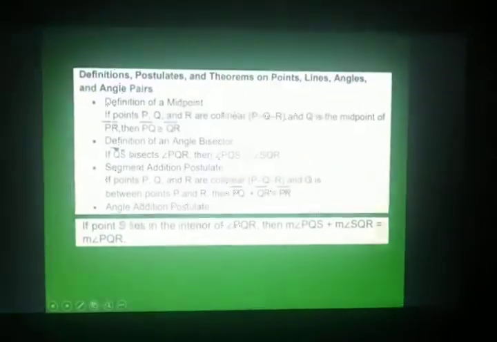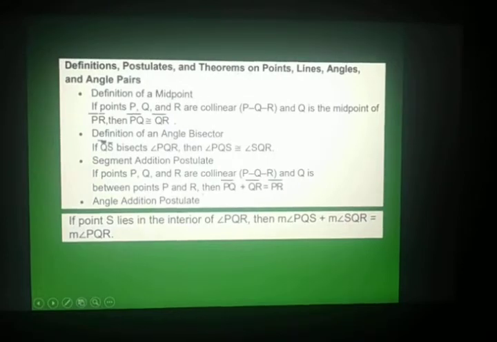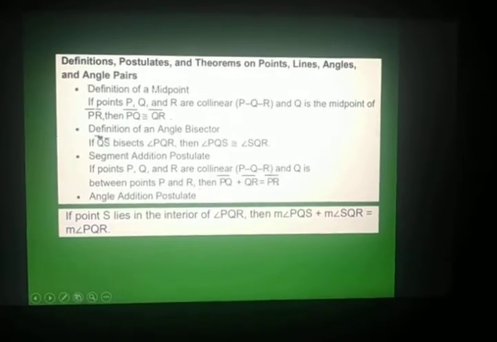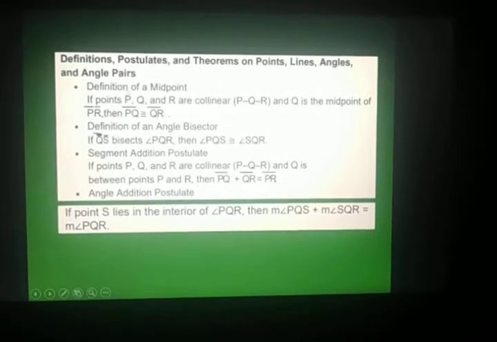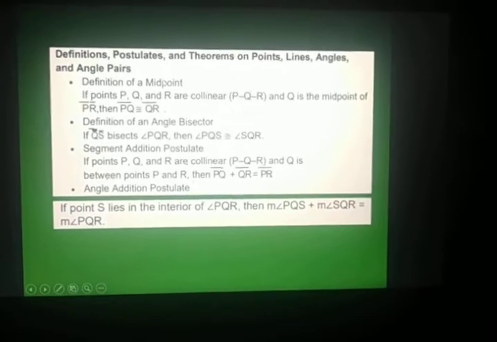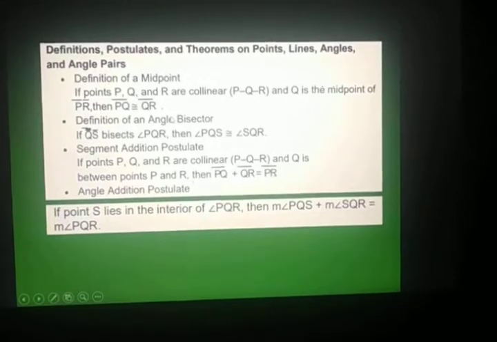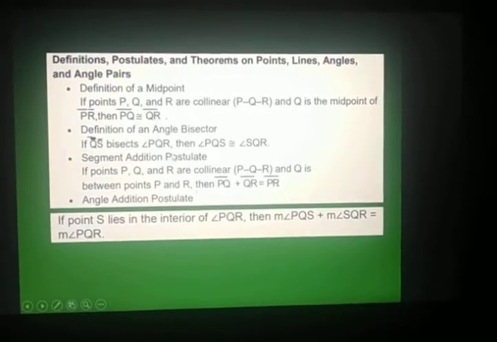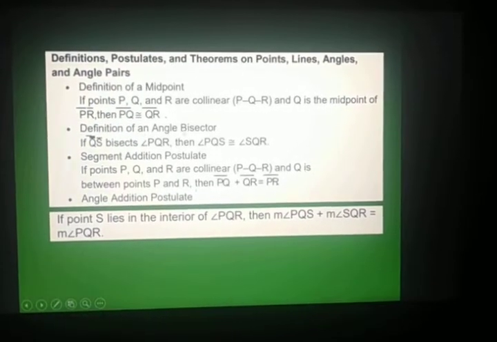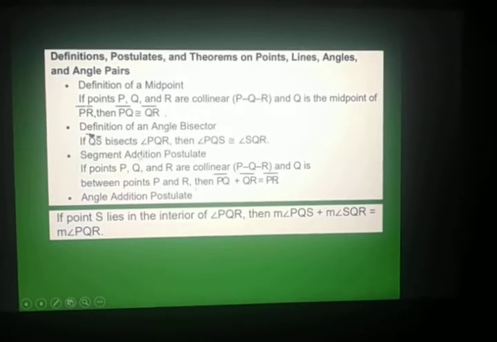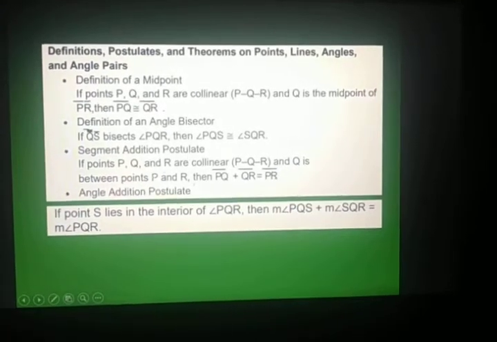Also, we have definitions, postulates, and theorems on points, lines, angles, and angle pairs. We have the definition of a midpoint. Please read that and understand that, so that in our further discussions you can go back to it. Okay? Definition of an angle bisector. Segment addition postulate.